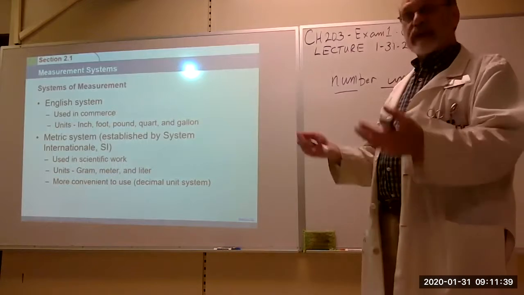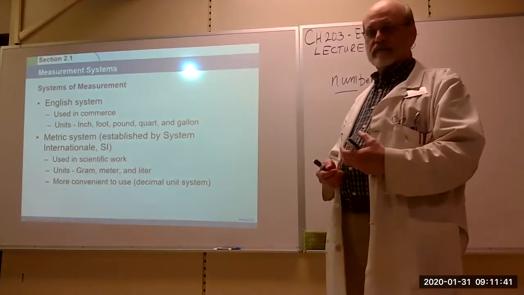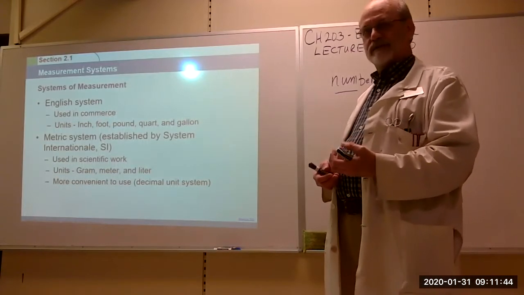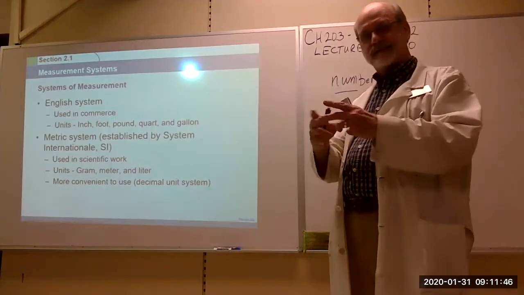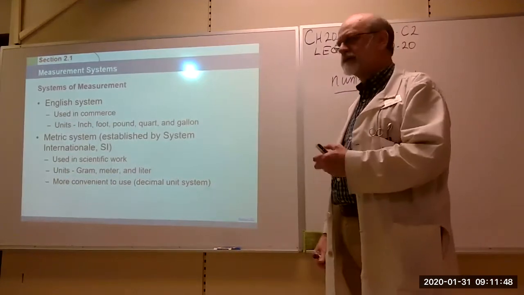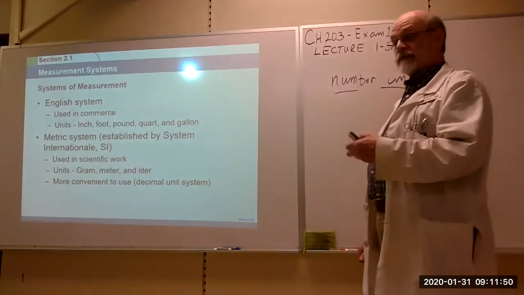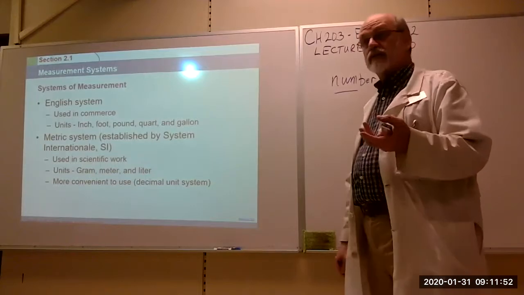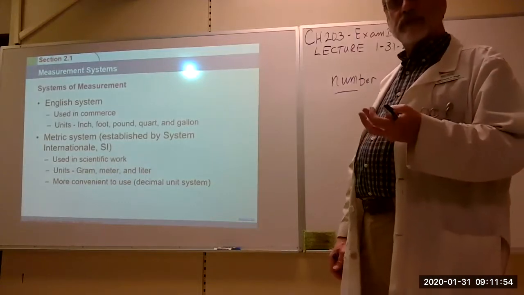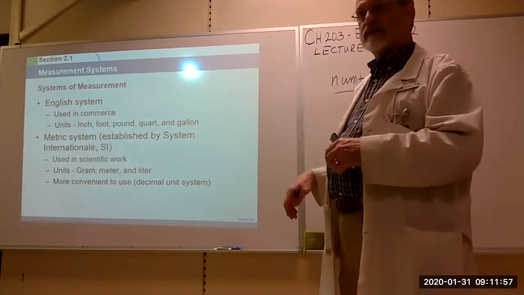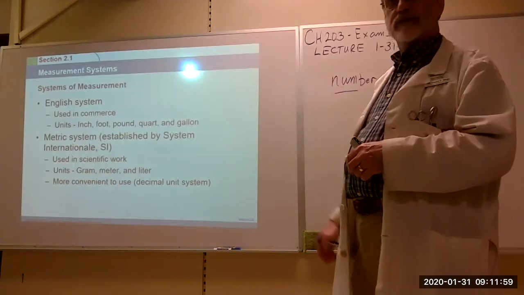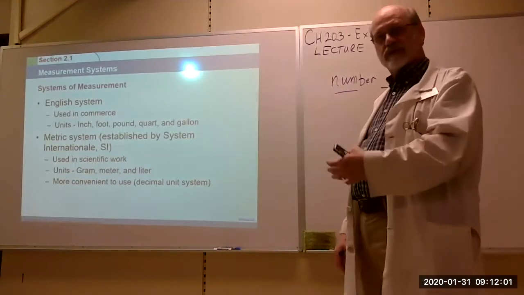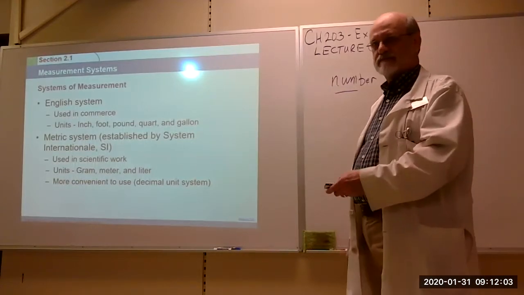But other things are creeping in, like 2 liters of pop. We know what a 2-liter bottle looks like. Say, okay, I know what that is. If you ever look on a gallon jug of milk, you'll see next to the gallon, maybe in parentheses, it'll say 3.8 liters. Liter is another measurement of volume in the metric system.